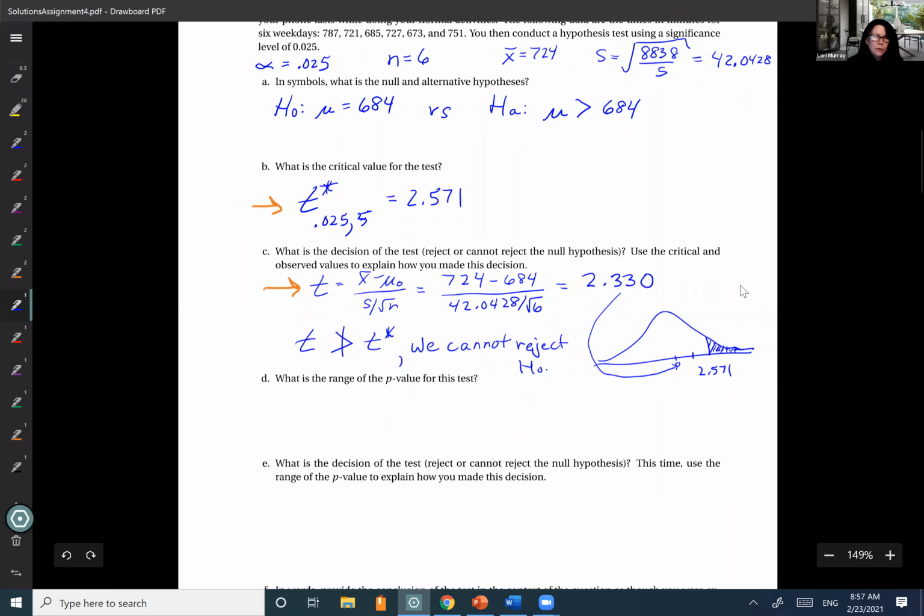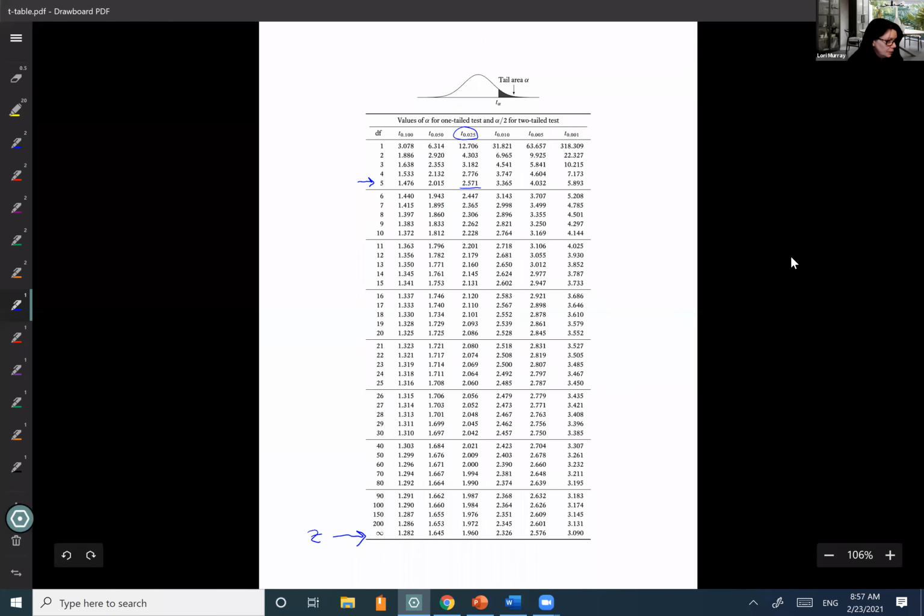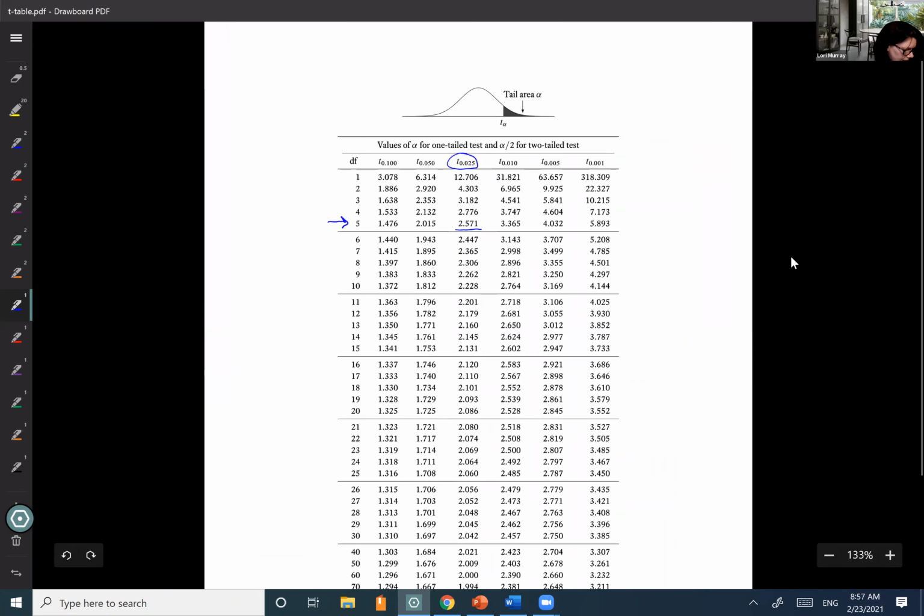Okay, what is the range of the p-value? Now, some students gave the exact p-value, obviously using software, but what is the range you want? There's no way you can get the exact p-value if you are, in fact, using these tables. So we need to look at the p-value by taking the observed value 2.33 and looking along this row for 5 degrees of freedom.